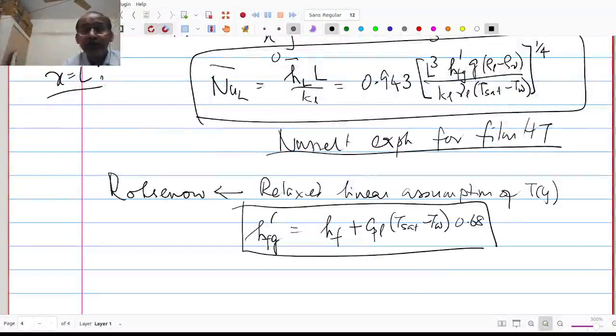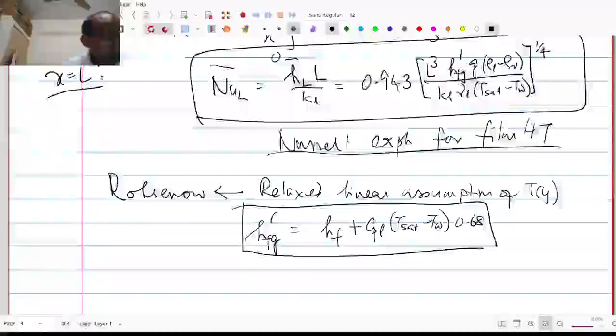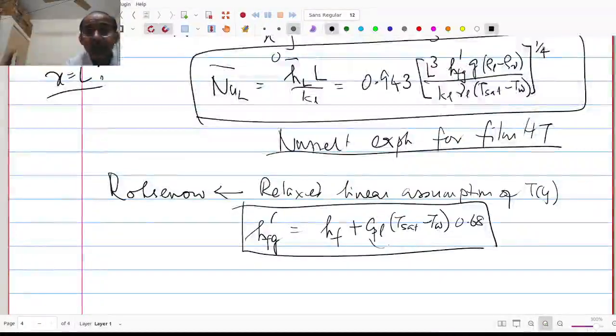If I divide it throughout by HFG, I get HFG prime by HFG.